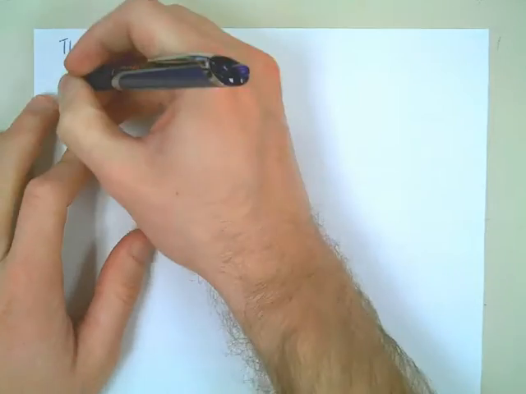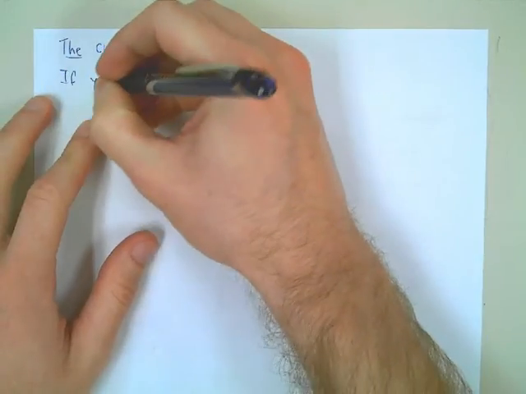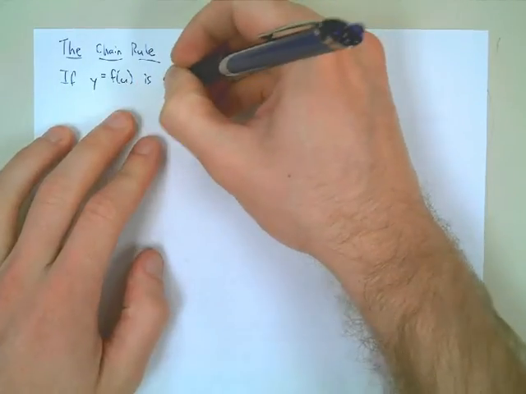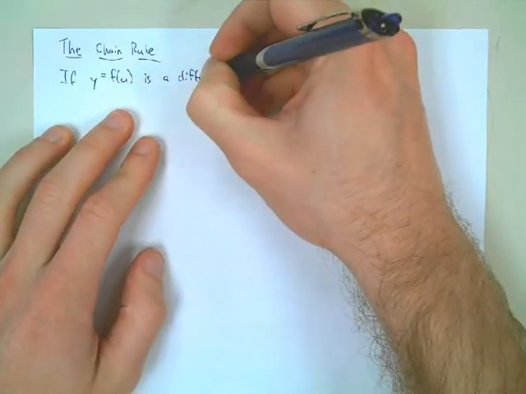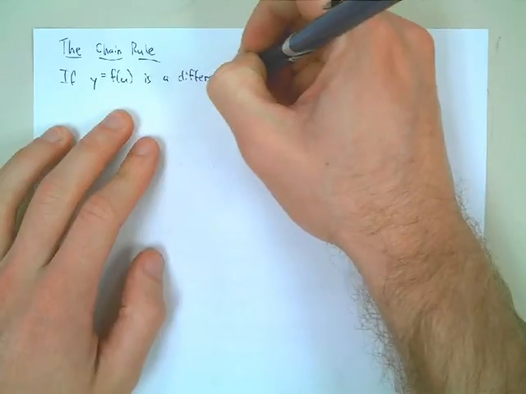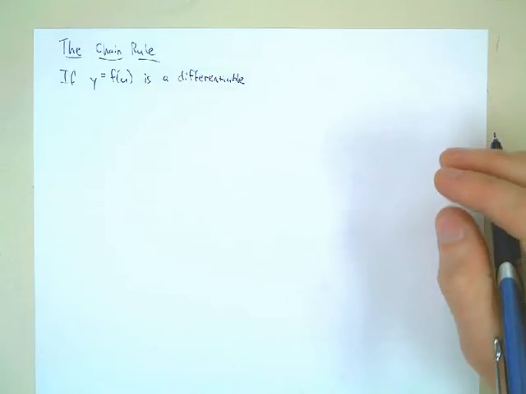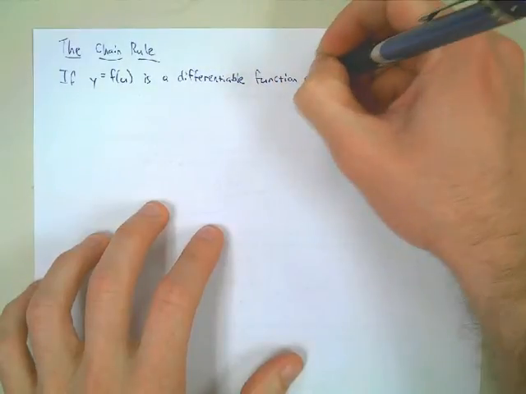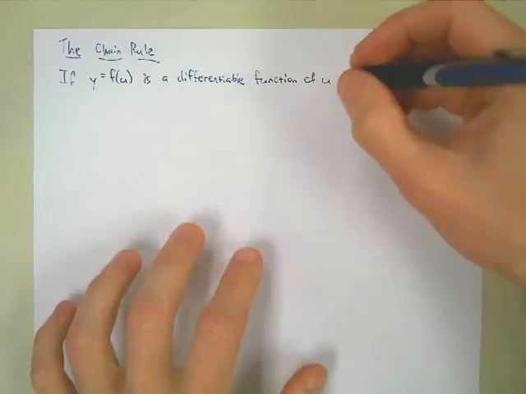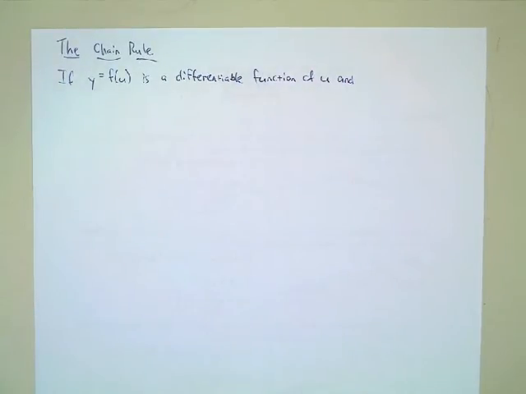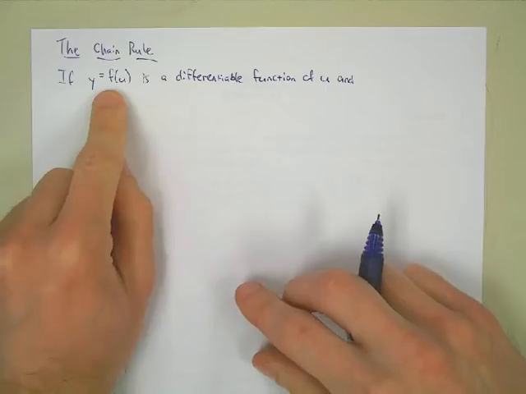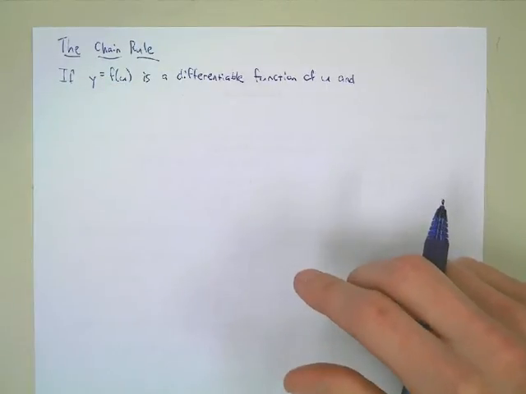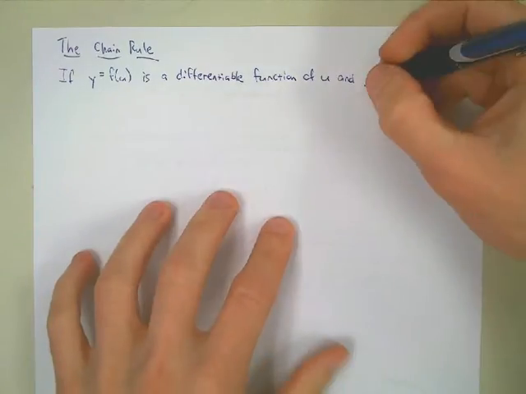If y equals f of u is a differentiable function of u, okay, so that just means that this little u here, we can take the derivative of f with the u in there, and we'll say that u is equal to g of x.